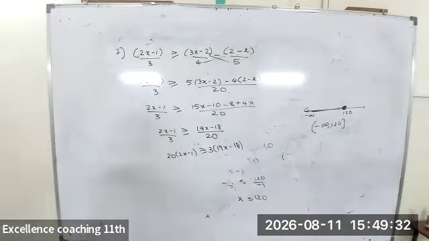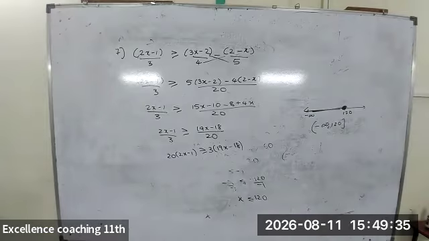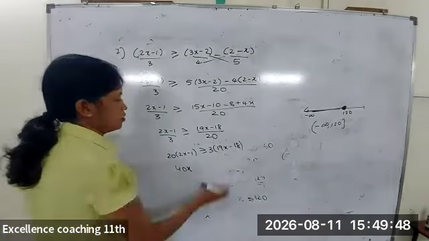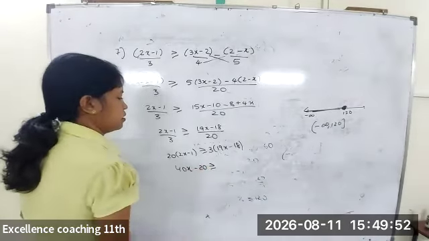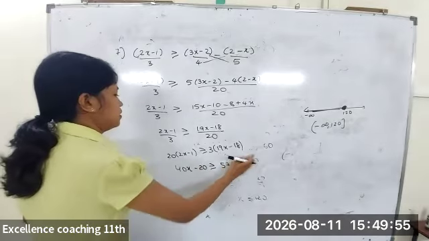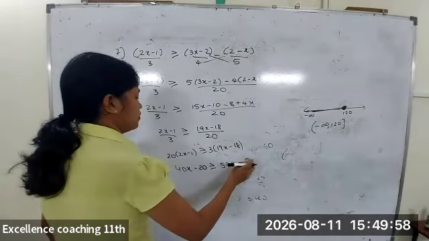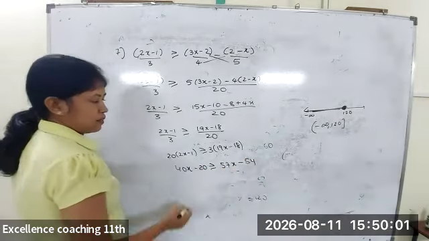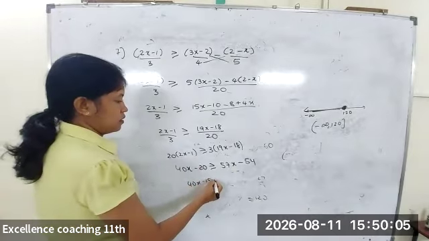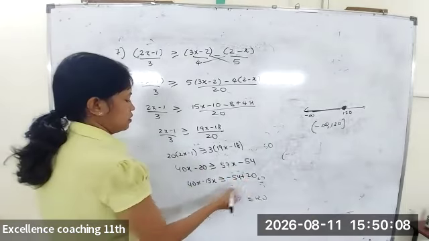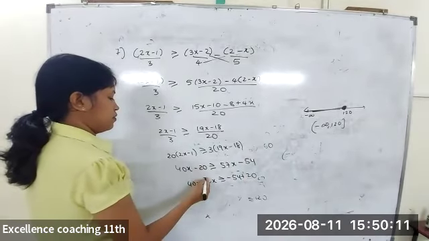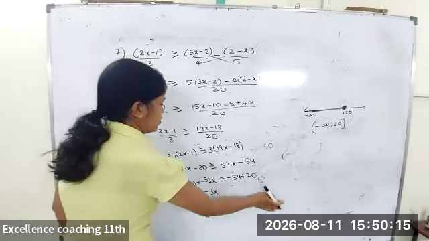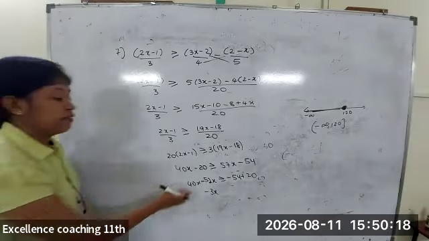Now open up the bracket. Got the x value, put it on the number line then. 20 of cross multiply. 40x. Sorry, 17.